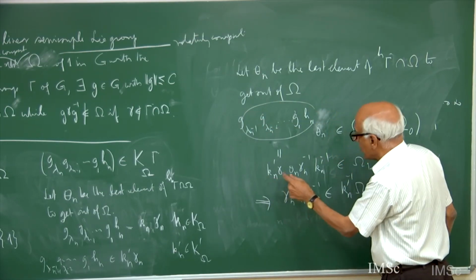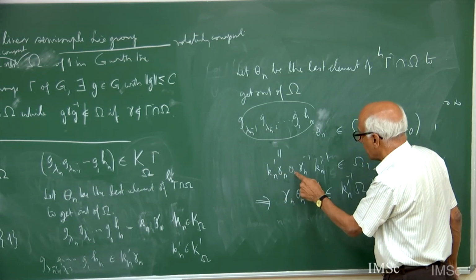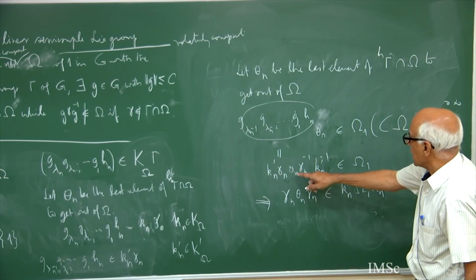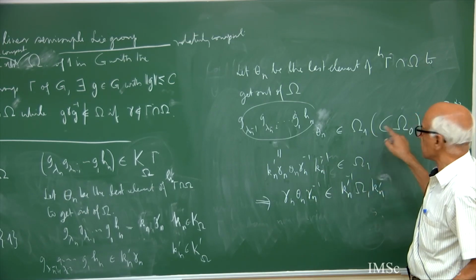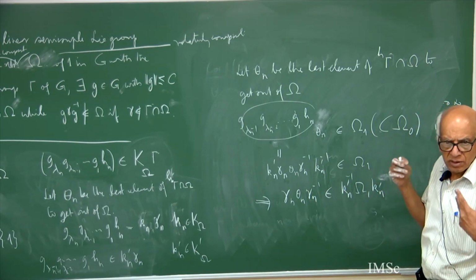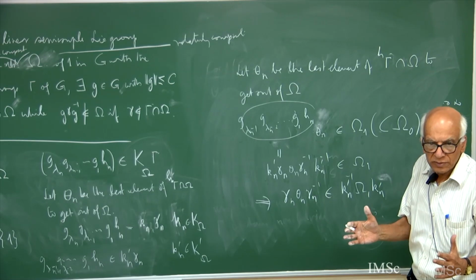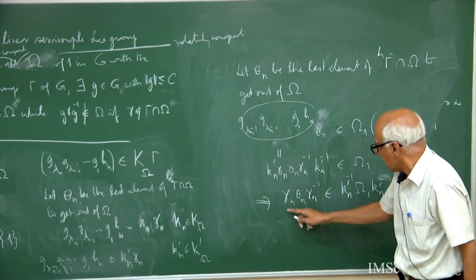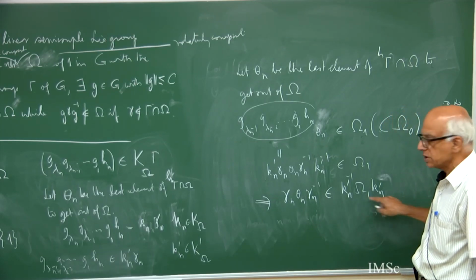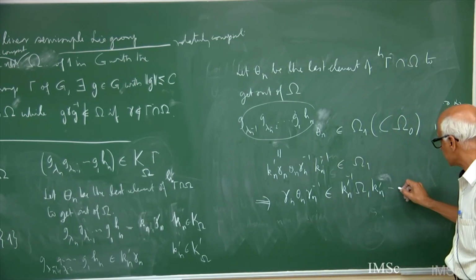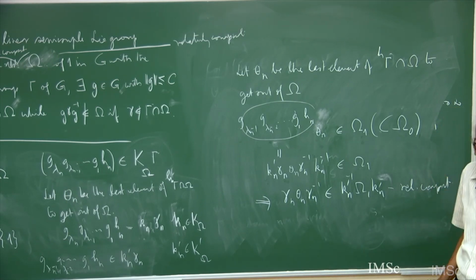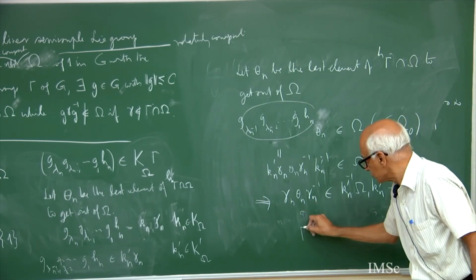So Kn prime gamma n conjugates theta n by Kn prime gamma n. Theta n was the last one to get out, that last one was still in omega 1, which is maybe a smaller open set, but some neighborhood of identity, okay. That means gamma n theta n gamma inverse gets into this set, this is compact, and this is in gamma.